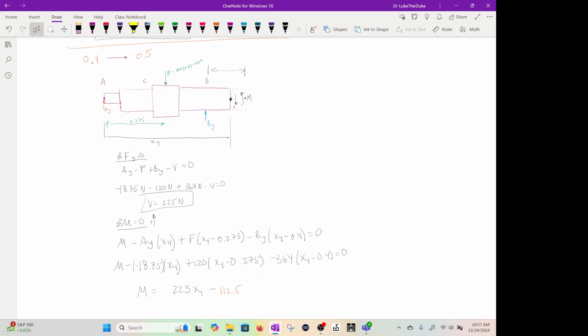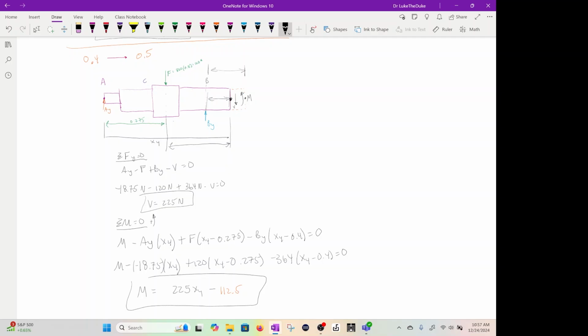And then we have the moment minus AY times X4 plus F times X4 minus 0.275. But again, this is that distance we're looking for. Minus BY times X4 minus 0.4, because this again is the distance from here to here we're looking for. And we can get the moment in this section to be 225 X4 minus 112.5.